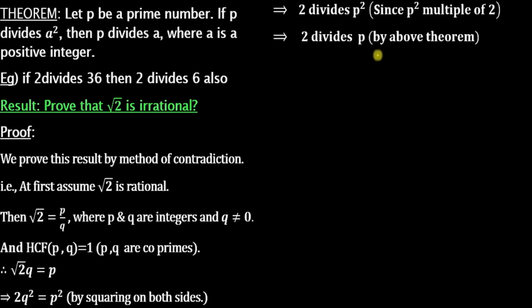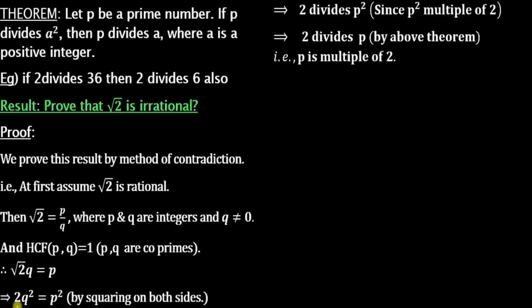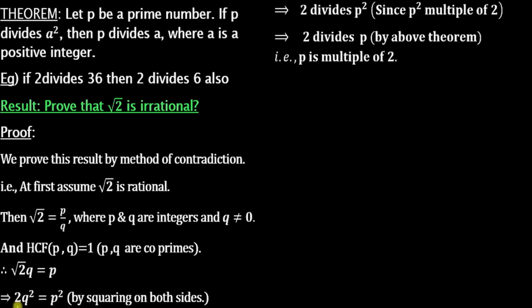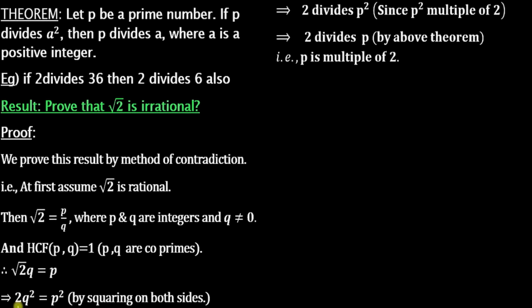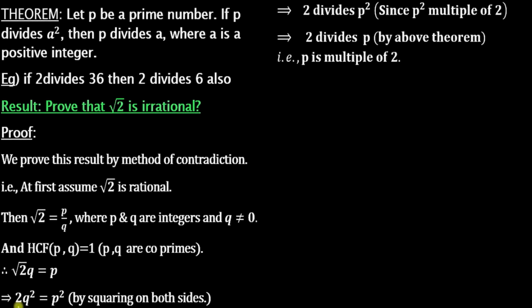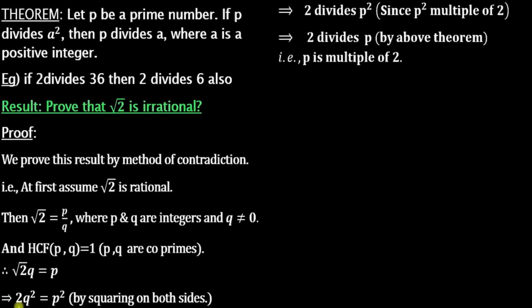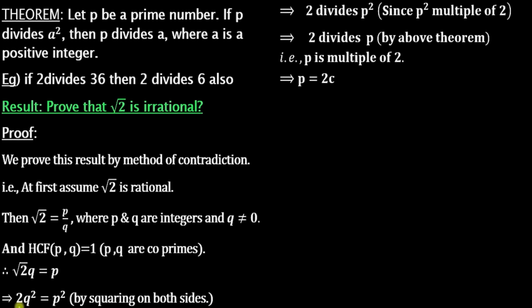Then what is next? If 2 divides p, what can we say? p is a multiple of 2. So how can we represent p? If 6 is a multiple of 2, then 6 equals 2 into 3. If 14 is a multiple of 2, then 14 equals 2 into 7. Similarly, if p is a multiple of 2, then p equals 2 into c.